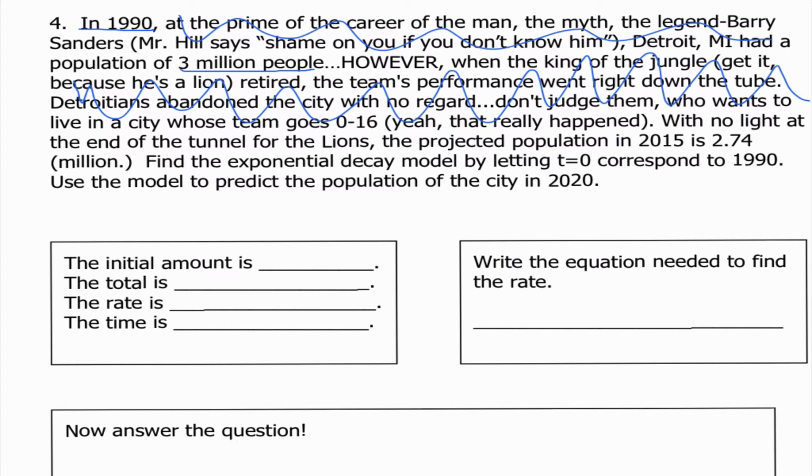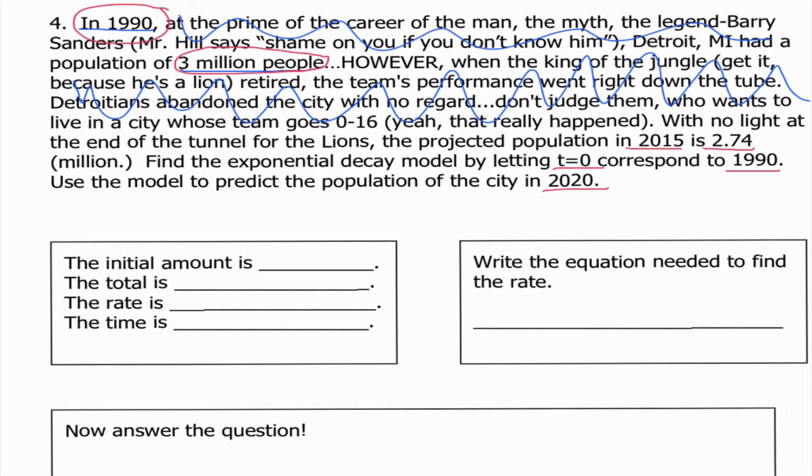Okay, other pieces of information: it says 2015 is 2.74 million. And then it says find the exponential decay by letting t equals 0 correspond to 1990. And we want to predict the population in 2020.